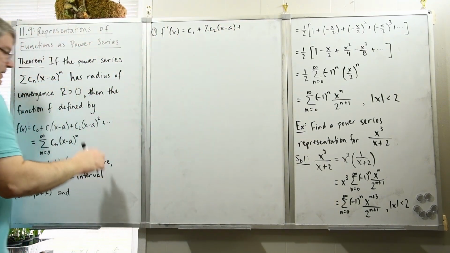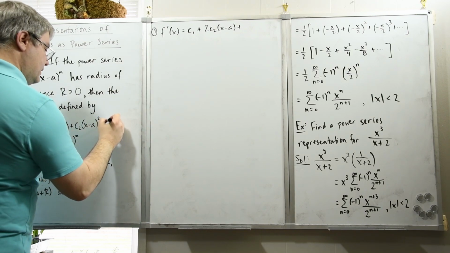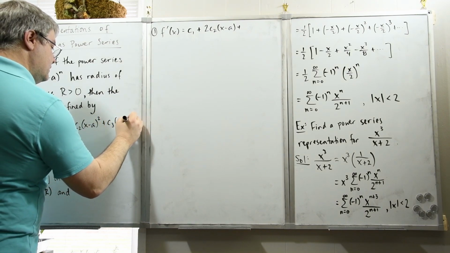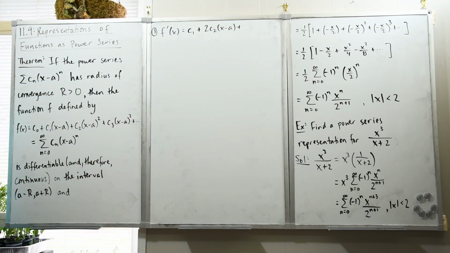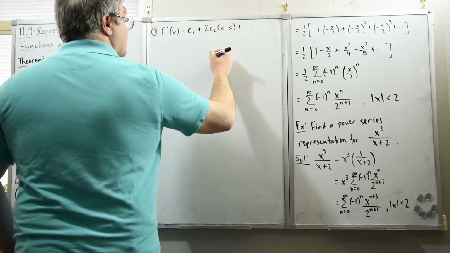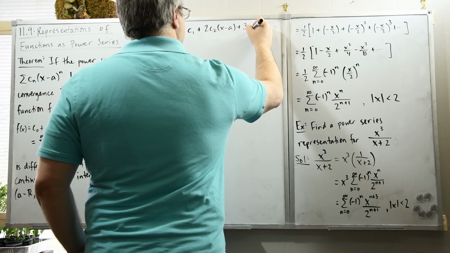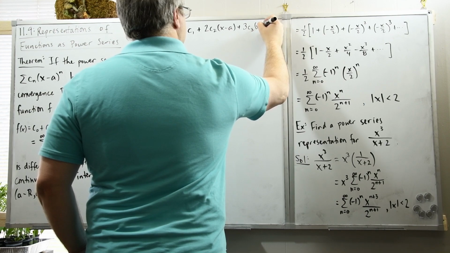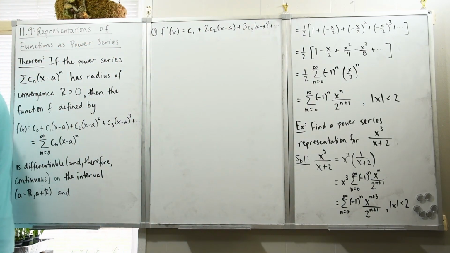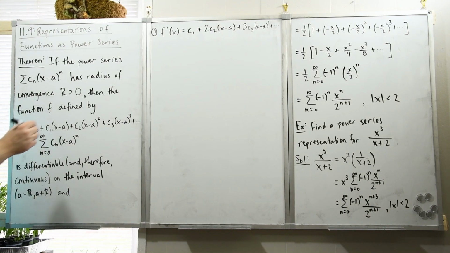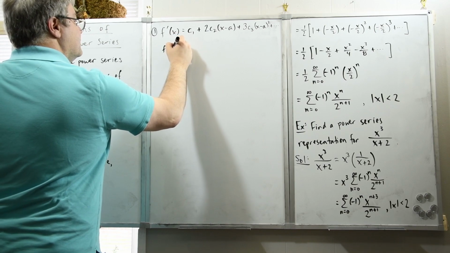And if we went ahead and wrote down, let's say, c3 times the cube of x minus a, the derivative there would be 3 times c3 times x minus a raised to the second power. And so what you're going to get from that is f prime of x.